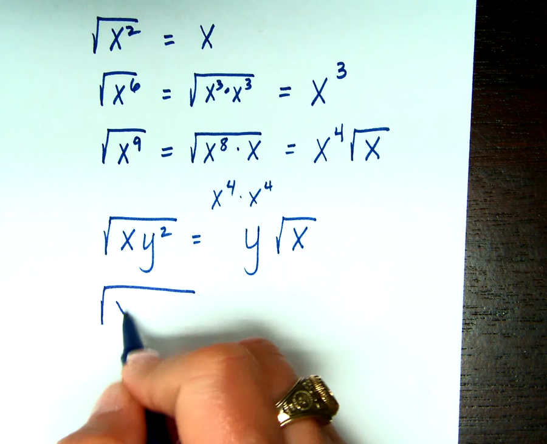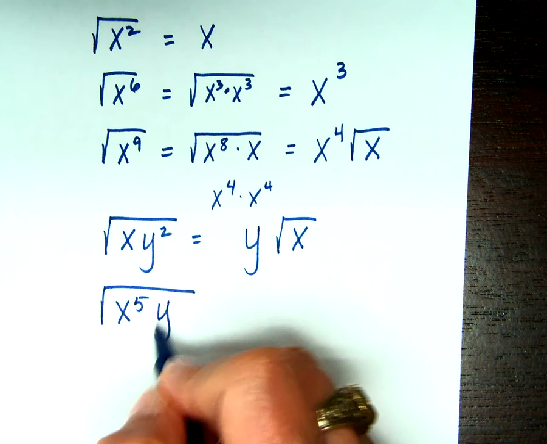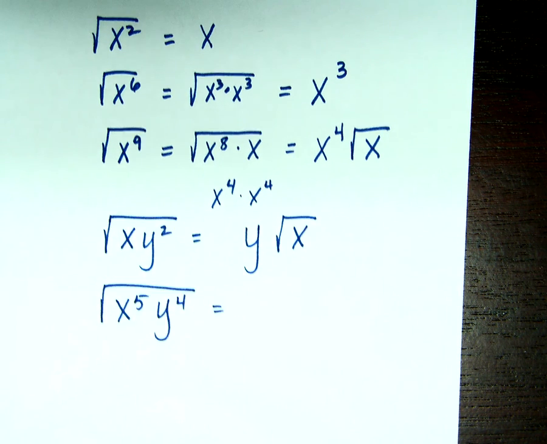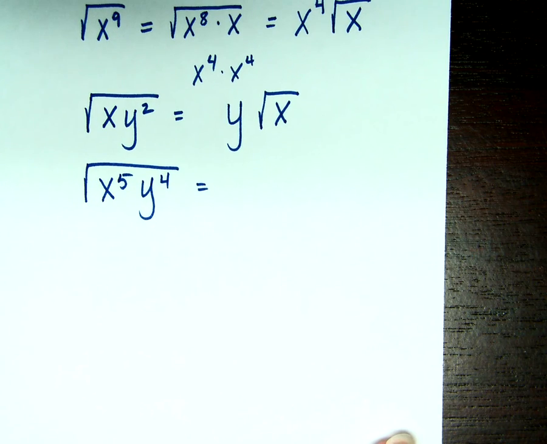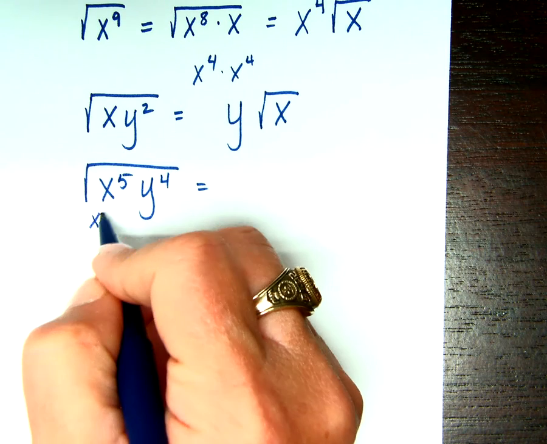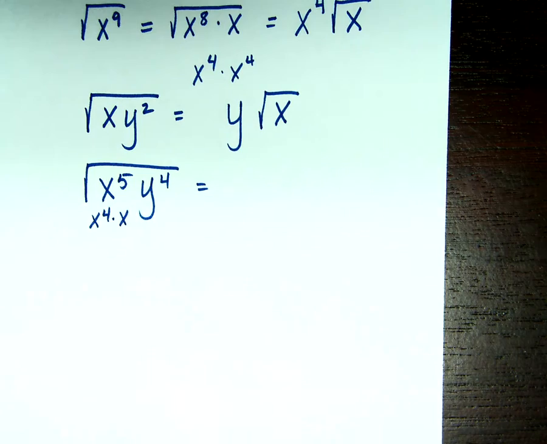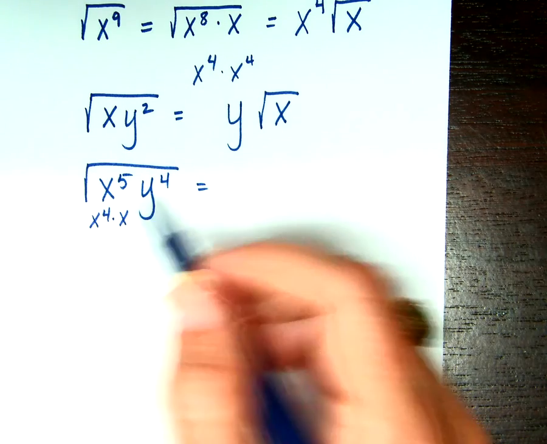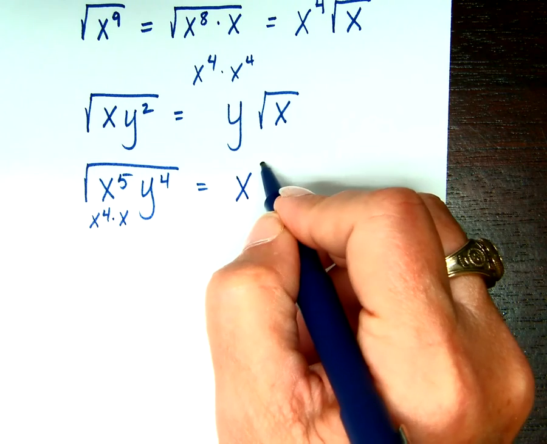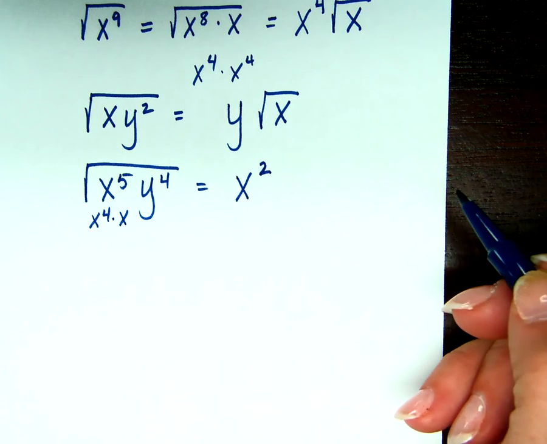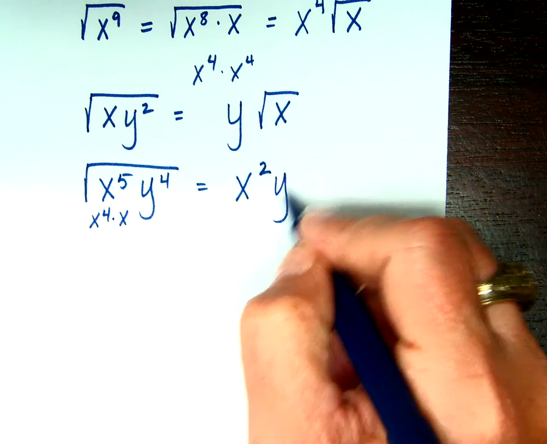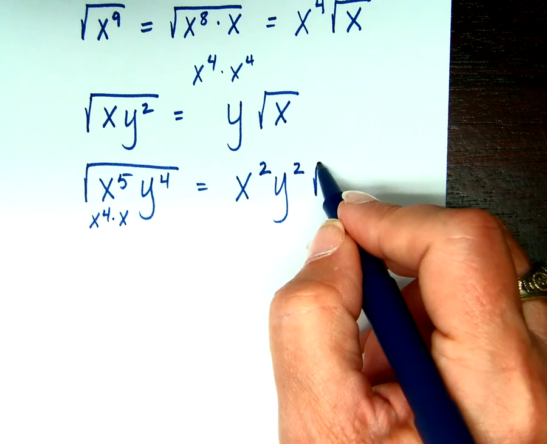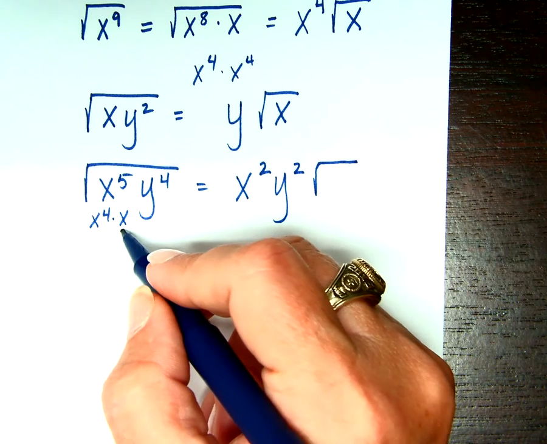What about the square root of x to the 5th, y to the 4th? Do I know the square root of x to the 5th? No, but I know it's x to the 4th times x, don't I? And what's the square root of x to the 4th? So x squared, right? Do I know the square root of y to the 4th? Y squared, but what do I have left over? That x.